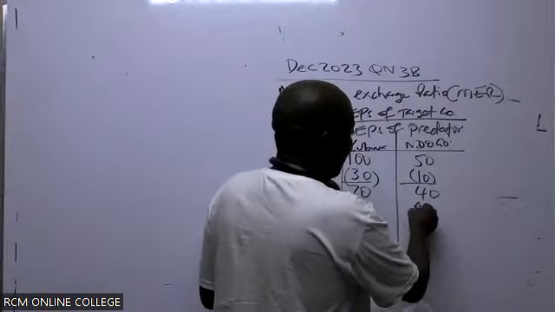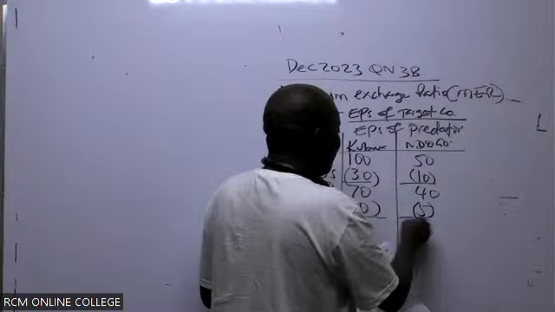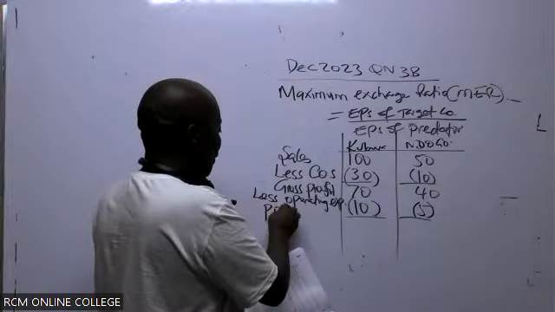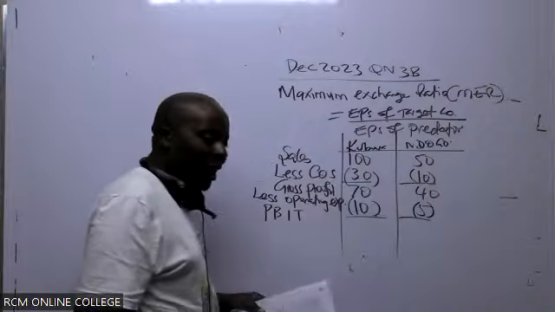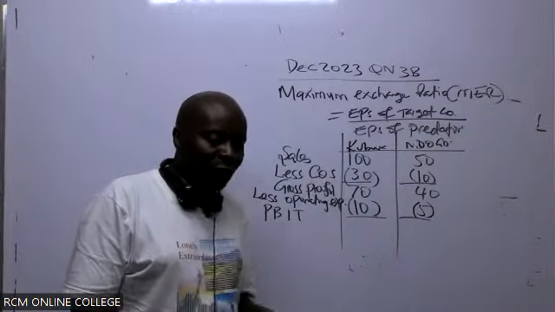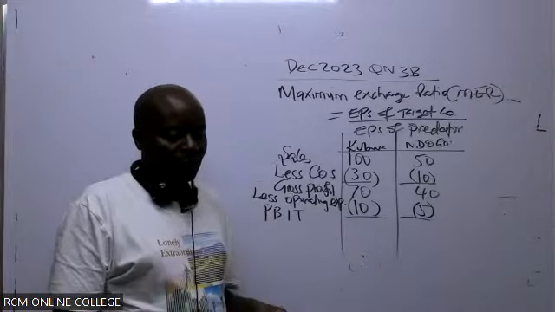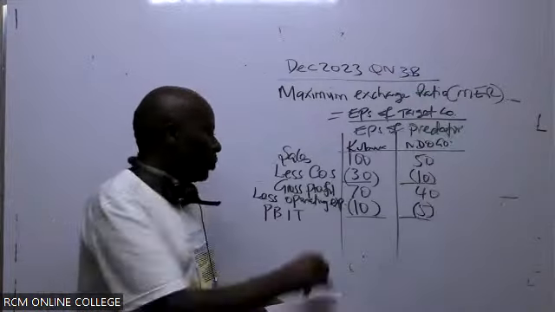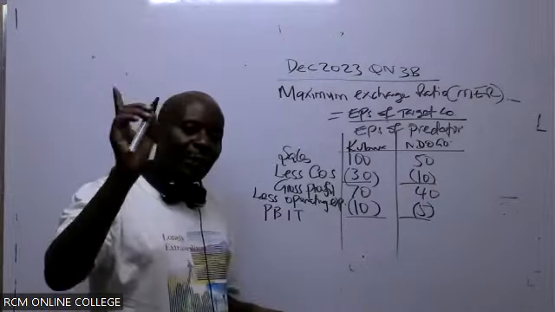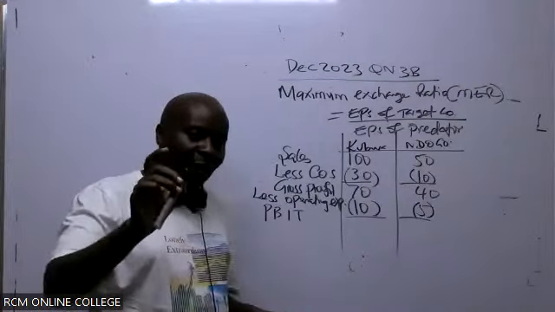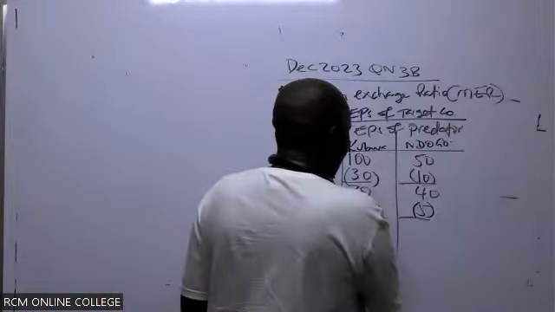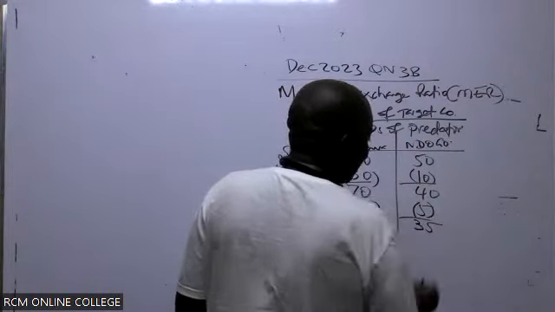Subtracting gives us profit before interest and tax, because we have wiped away all other expenses except interest or finance cost and taxation. So this gives me 60 here and 35 here.